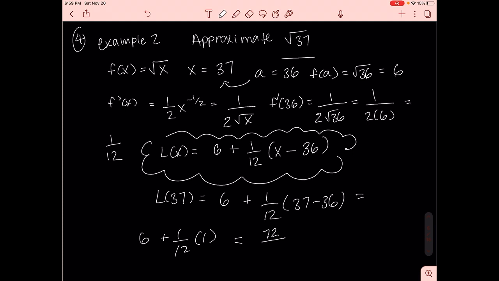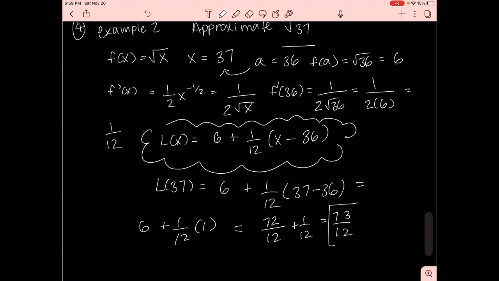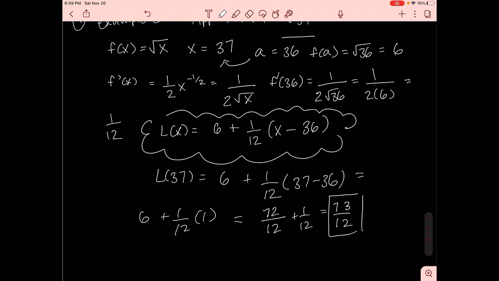And that is going to be equal to 72 over 12 plus 1 over 12. And finally we get 73 over 12. So now, again, let's check our work and calculate the square root of 37 just using a calculator. And that gets us 6.08276.